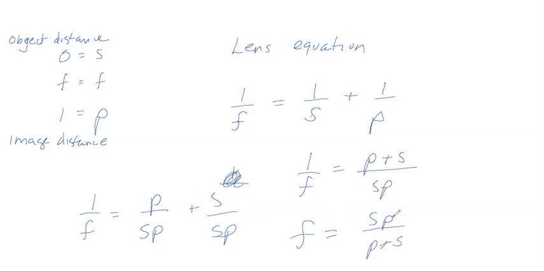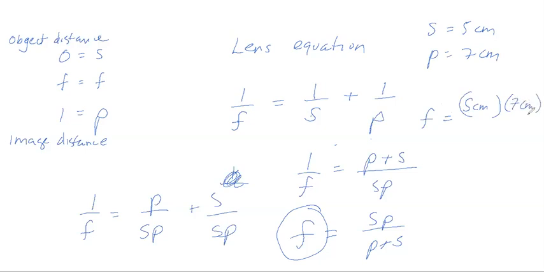And let's say I wanted to find the focal length, and I knew my object distance and my image distance. So my object distance, s, is 5 centimeters, and my image distance, p, let's say 7 centimeters. So f is going to equal 5 centimeters times 7 centimeters divided by 5 centimeters plus 7 centimeters.